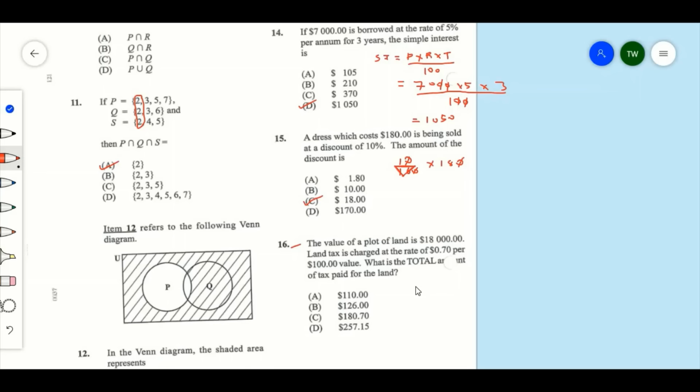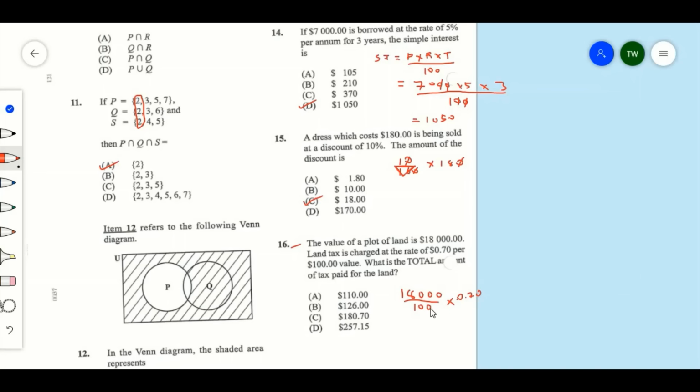So what we need to do is determine how many 100s we can get out of 18,000. So it's going to be 18,000 divided by 100, and we are going to multiply it by the rate, which is 0.70 in this case.